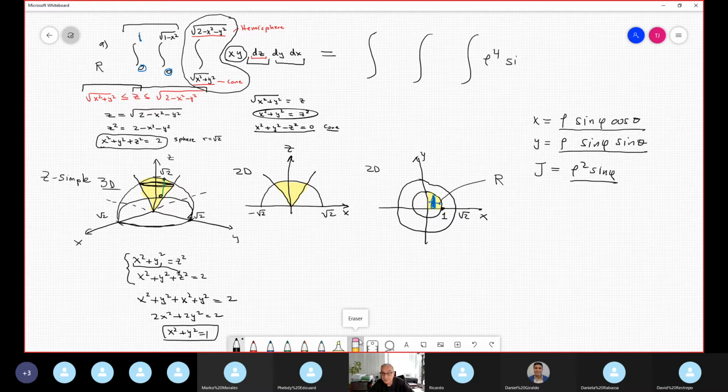Sine phi. How many sine phi? 1, 2, 3. Cubic. Cosine theta, sine theta. And the order of the integration always in spherical is d rho, d phi, d theta. Okay. Do you understand very well?